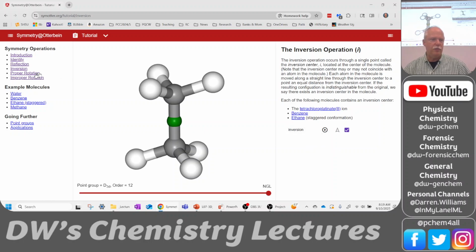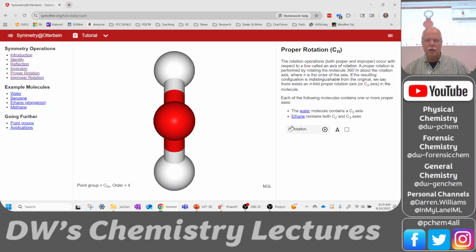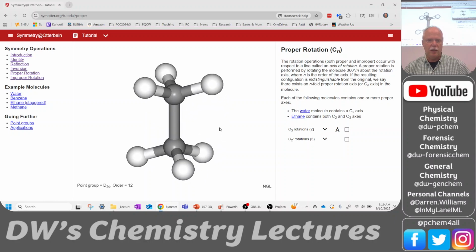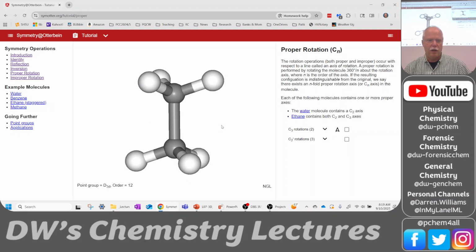Okay, let's go to proper rotation. Since we had ethane, let's go back to it. First of all, can you look at that molecule and see any rotation axes? I mean, you see that it has C3s and C2s, but do you see them? Where do you see them?